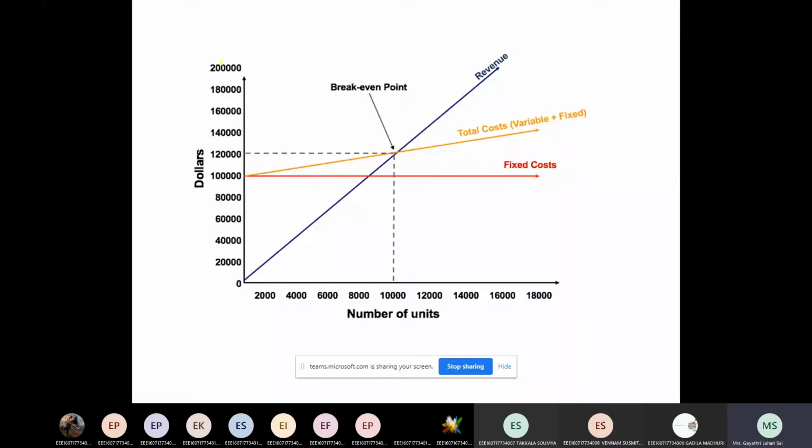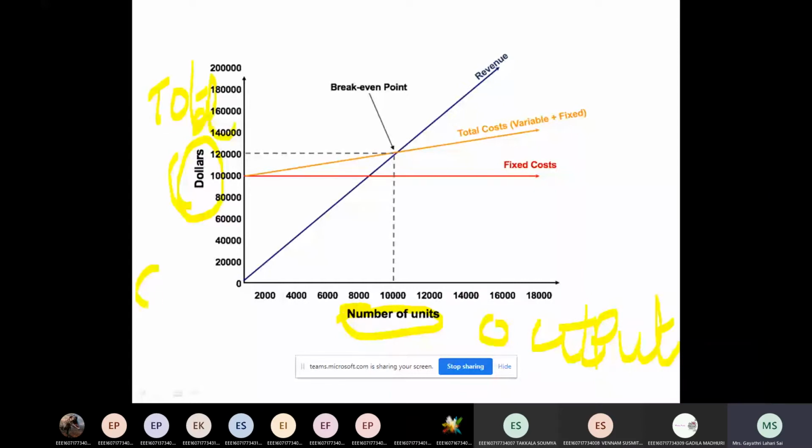Now we will see what a break-even point is in terms of a chart. In the x-axis, I have given the total output, and this is the total cost spent, right?